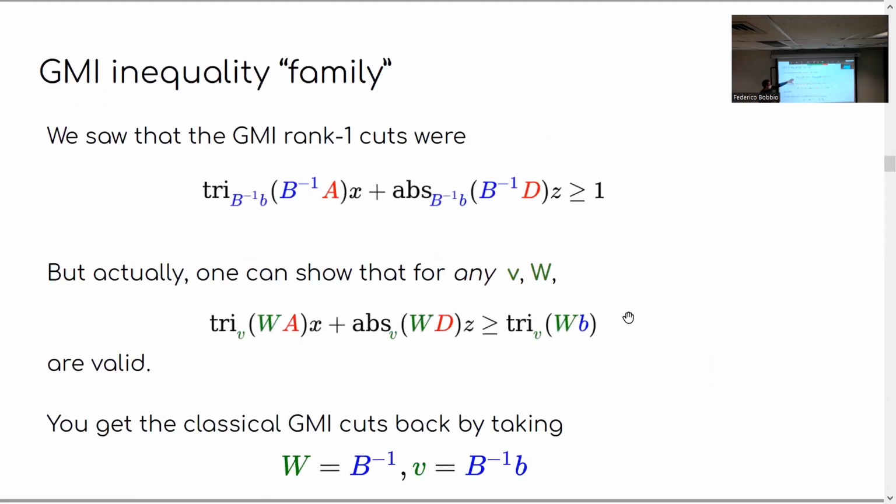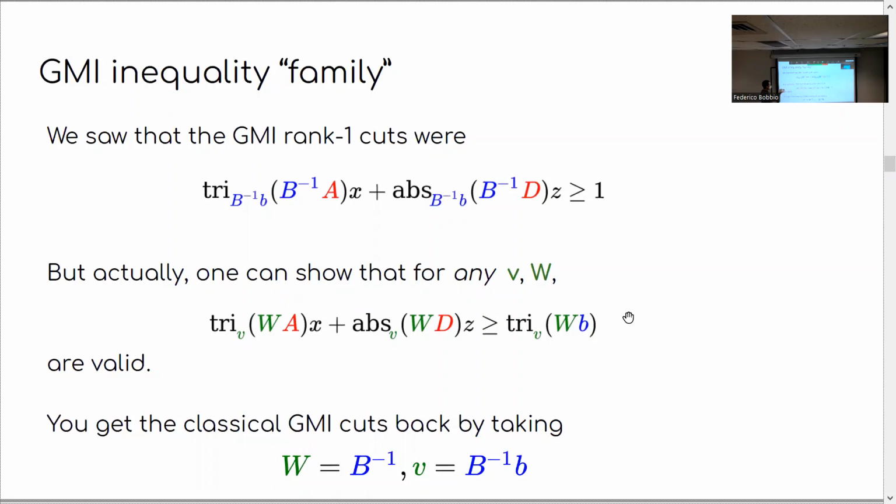So I just mentioned that the GMI rank 1 cuts are these guys, right? But what's interesting is that you could take this same form and replace this guy and this guy here with an arbitrary vector v, any vector v. There are no constraints on it.